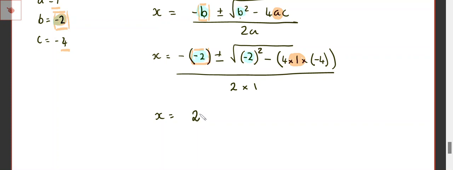Now that's not always going to happen, but in this case it becomes +2 plus or minus and so on. So that's your next step: replace the letters with the numbers that you correctly identified. And you need to do the same thing. What's your a, b, and c in yours?